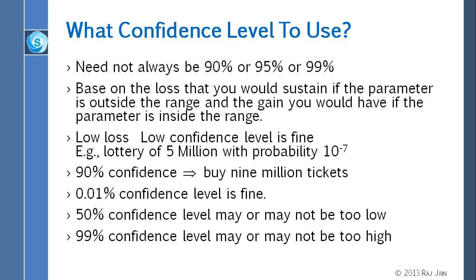How many of you have bought a lottery ticket ever in your life? Anybody? Okay, all right. What was the confidence that you had that you will win it? I mean, what were the chances of your being wrong? Let's say 100 million people bought the lottery and you are one of them.